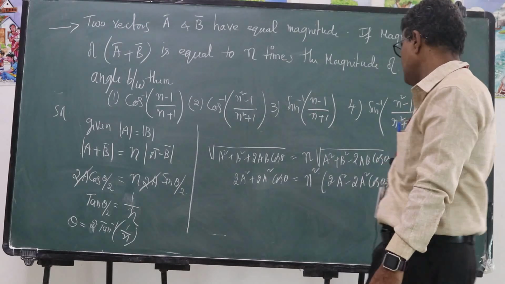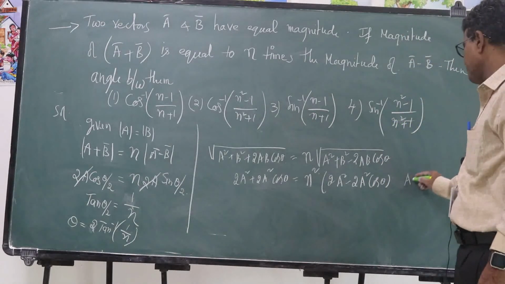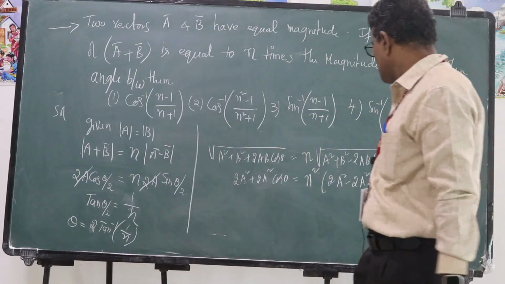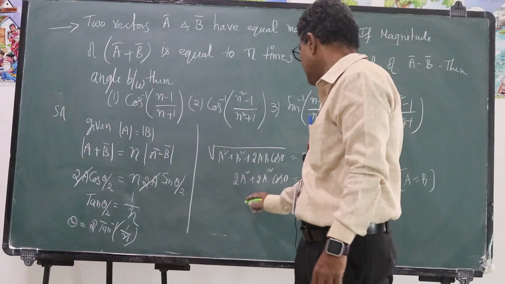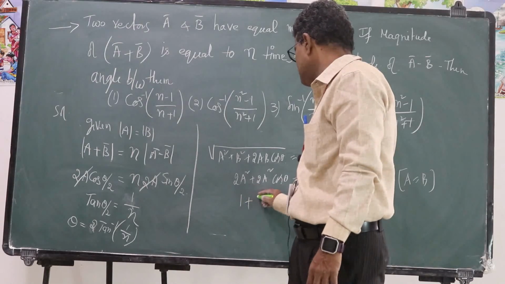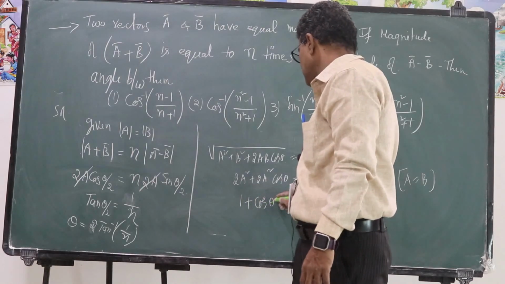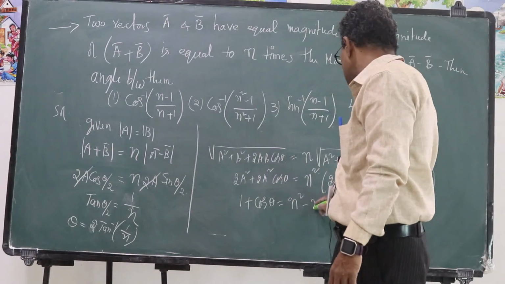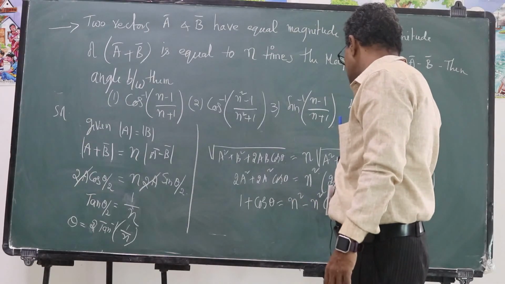Since the magnitudes are equal, take 2A square common and it gets cancelled. 1 plus cos theta is n square minus n square cos theta.